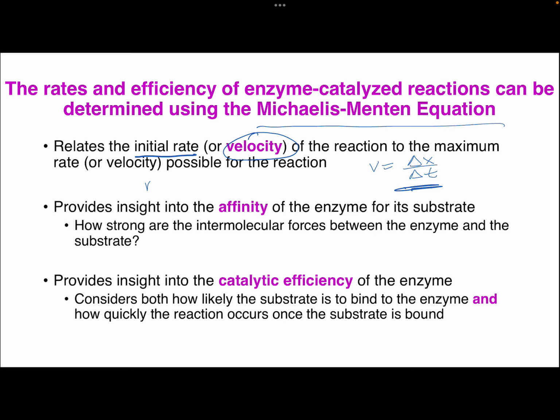So what we're doing is we're just taking our rate, and instead of calling it a rate, we're calling it a velocity. And it's still that same change in something over change in time. All right, we're just changing the name. It's the same idea. All right. So that's what it does mathematically. It's relating the initial velocity to the maximum possible velocity.